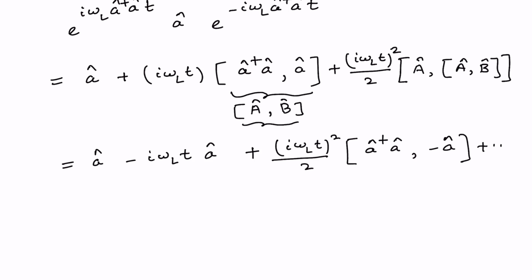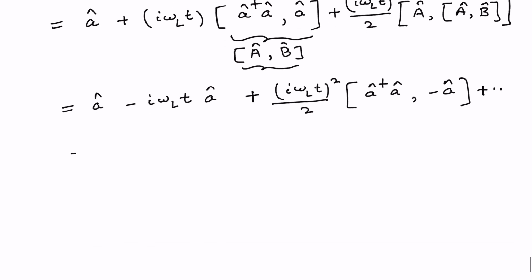And this is going to give you a minus i omega_L t a, then plus (i omega_L t) whole squared by 2, and this is going to give you simply plus a, right? Then you will have terms like this.